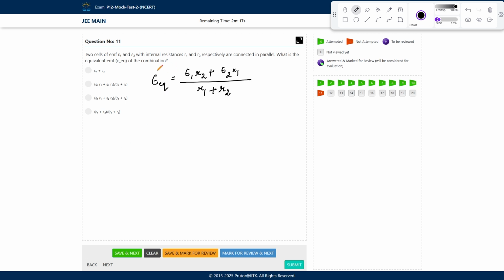So this is the expression for equivalent EMF for parallel combination of cells. Which option is matching this expression? First, no. Second, yes. Third, no. Fourth, no. So second is the correct option.